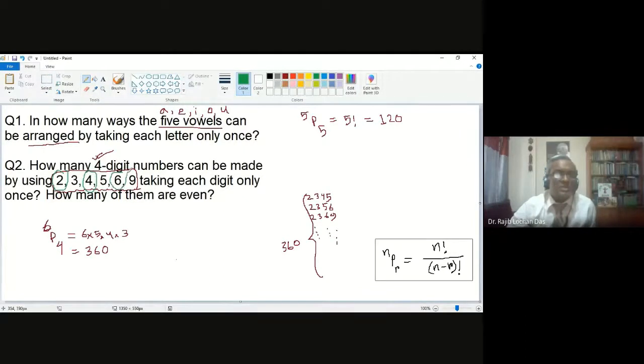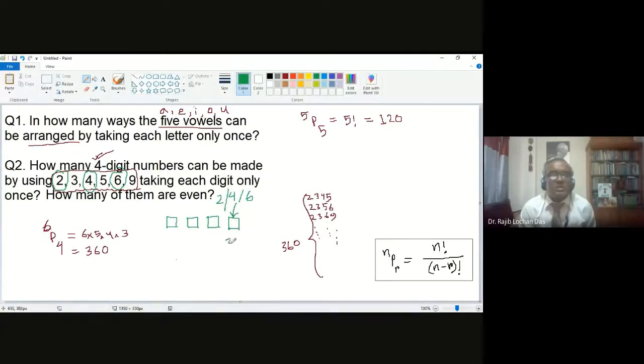So the last digit, so there are 4 places: place number 1, place number 2, place number 3, place number 4. If the last place is 2 or 4 or 6, then you can say this will be an even number. So how many ways can the last place be 2 or 4 or 6?